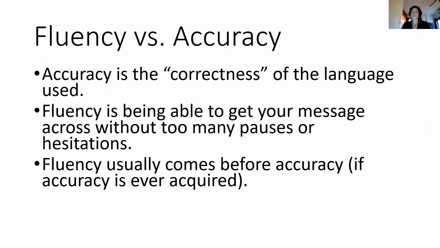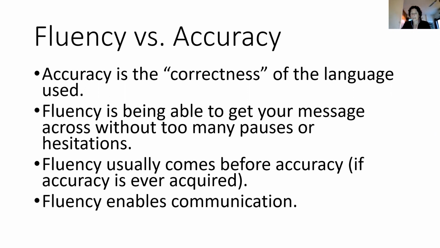So I've worked with some very, very advanced non-native English speakers, and still they would be so hard on themselves about accuracy because, with things like articles and prepositions, complete accuracy may not ever be acquired. And that's okay, because in my opinion, I think fluency is much more important because it enables communication. And what other reason are we learning a language other than communicating?